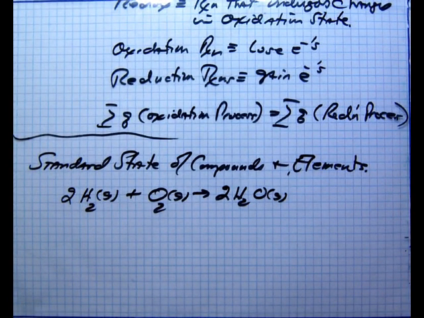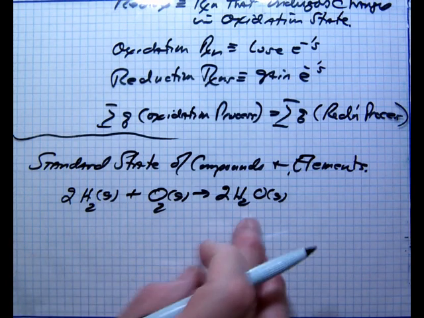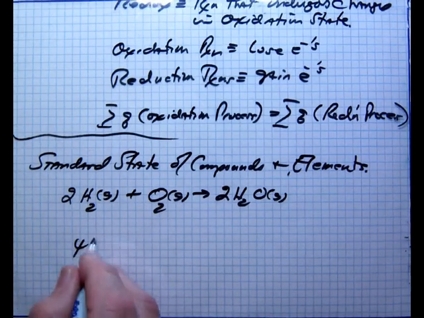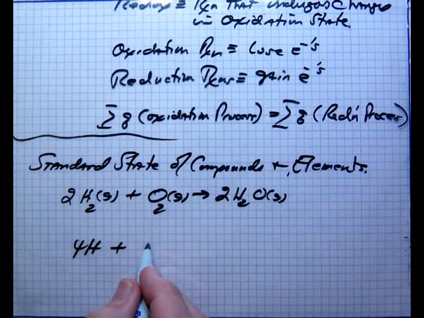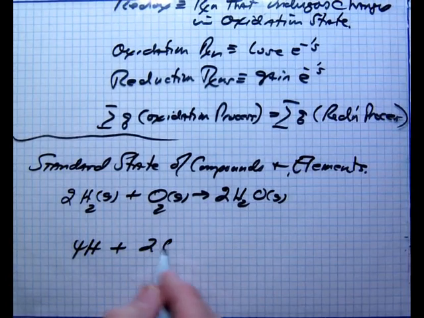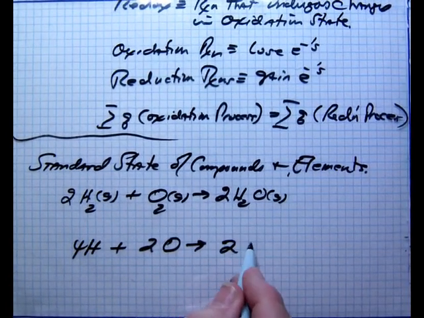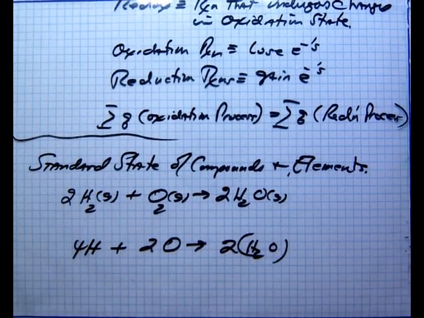But let me ask you this: why is hydrogen always listed as an H2? Why is oxygen always listed as an O2? Why didn't we just write this, here's an H2O, why don't we just write 4 H's plus 2 oxygens goes to 2 waters, H2O's like that? Well, why can't we do that?